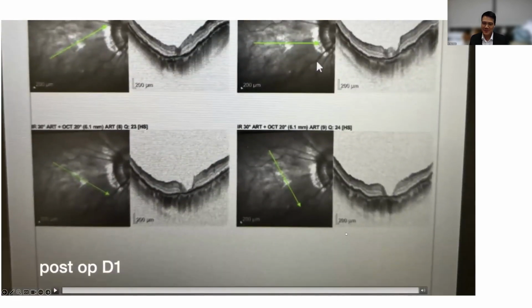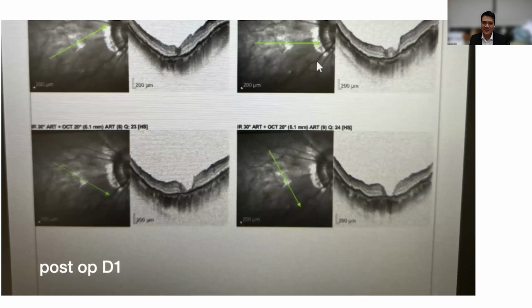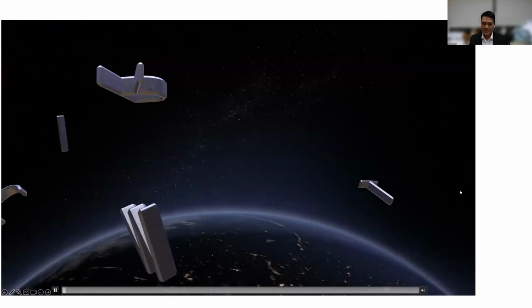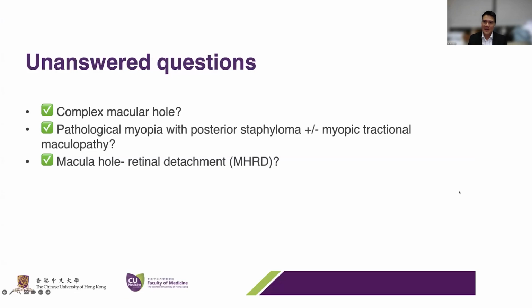And voila, on postoperative day 1, you can see that the retina miraculously reattached without the use of gas. And then we can also see that the macular hole is starting to heal. So the ILM flap without gas tamponade technique is actually a very robust technique that works across a spectrum of simple macular hole to complex macular hole, and also pathological myopia and even macular hole associated retinal detachment.